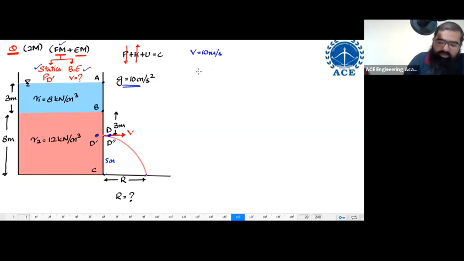So I'll start with displacement in y. Displacement in y is equal to uy into t plus half of ay into t square. Velocity is completely in x, therefore initial velocity in y is 0.